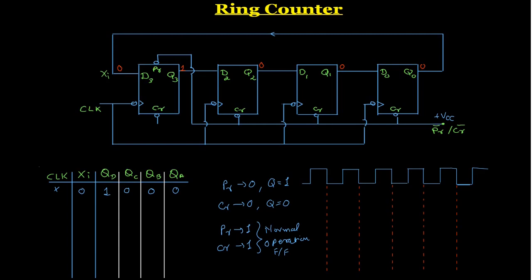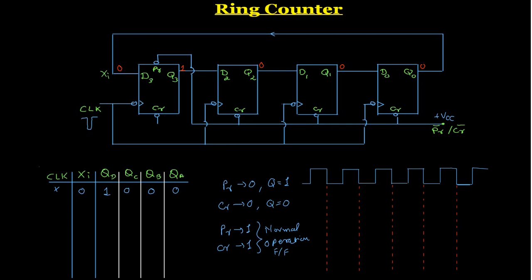Okay. Now we apply a clock pulse. This clock pulse is a negative edge, because you can see all the flip-flops are going to trigger with this negative edge.